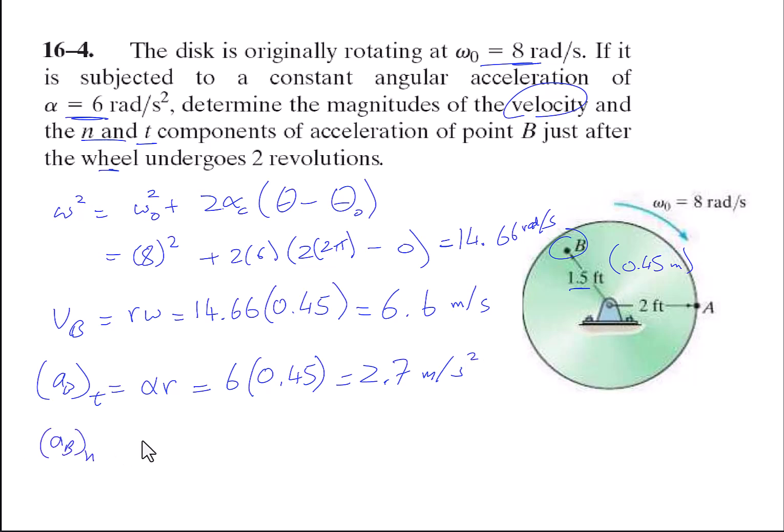And the normal component of the acceleration at point B is just omega squared r, which is 14.66 squared times 0.45, which is 96.7 meters per second squared. Again, these are approximate because of the conversion from feet to meters.